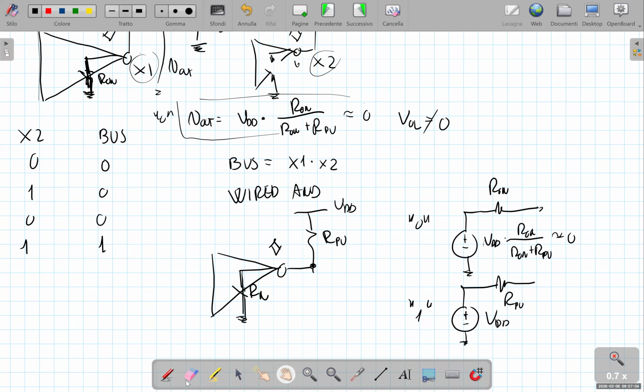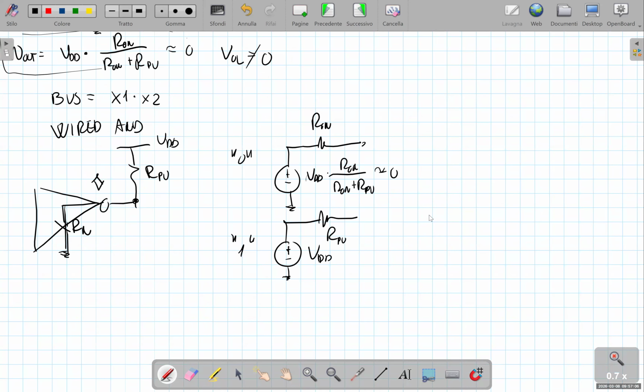So it follows that RPU needs to be much larger than R on, and the equivalent resistance at the low and at the high logic level is very asymmetric.